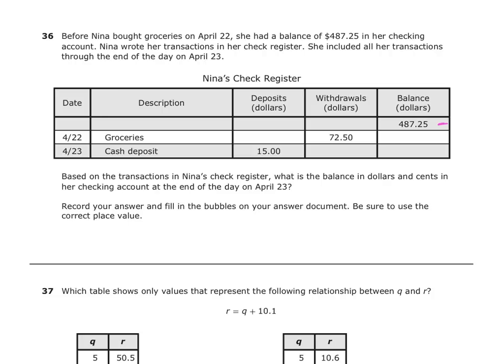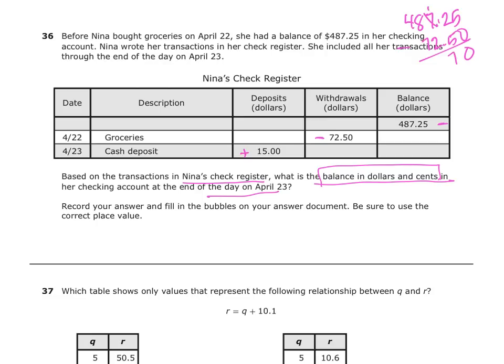Based on the transactions in Nina's account, what is the balance? That means how much is left in her account at the end of the day. Okay, so if you're writing a check, you are subtracting. If you're depositing, you are adding. So this is just baby adding and subtraction.